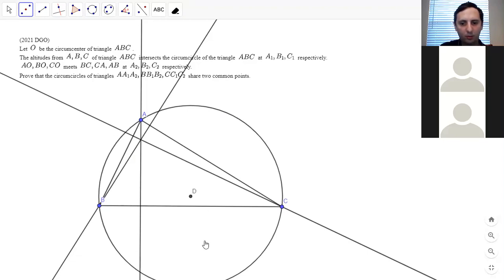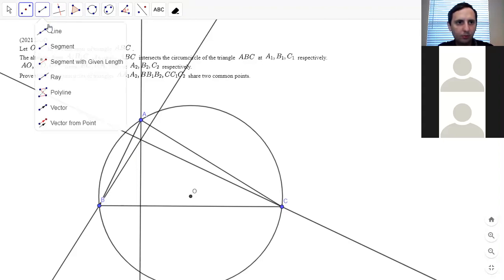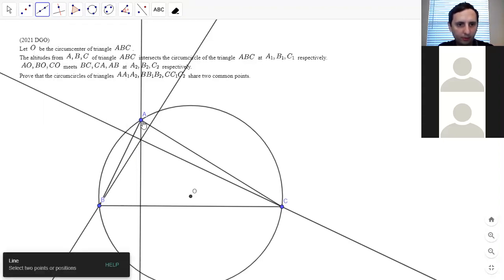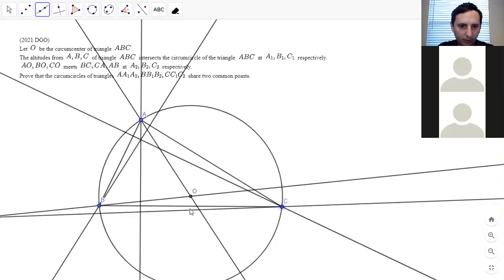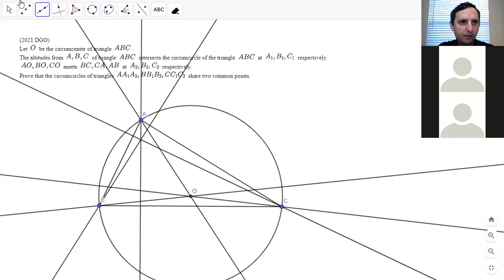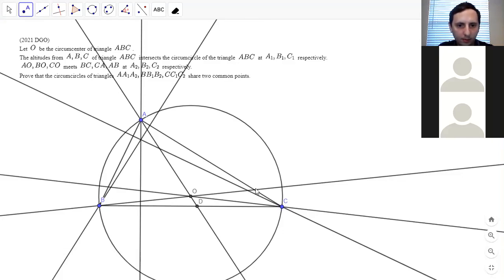So if this is O, we draw AO, BO, and CO. So basically those are isogonal to the other three lines. And we see where they meet the sides. So AO meets it there, BO and CO.